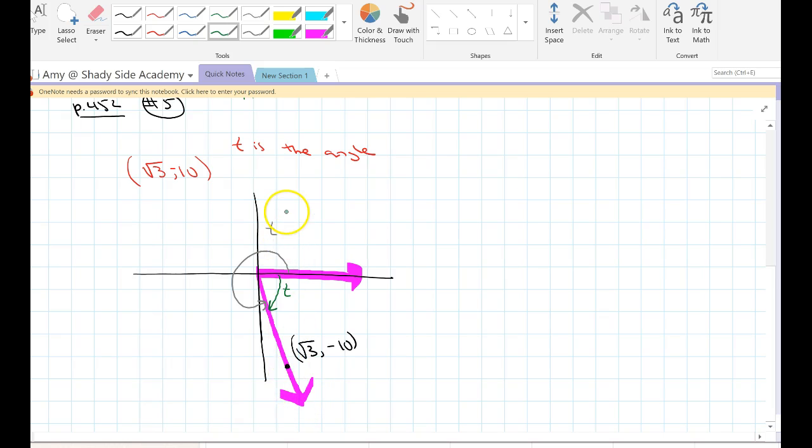That means when I find the sine, cosine, and tangent of angle t, if angles are coterminal, they will have the same sine, cos, tan, cosecant, secant, cotangent. So however you want to label your angle t, it doesn't matter.